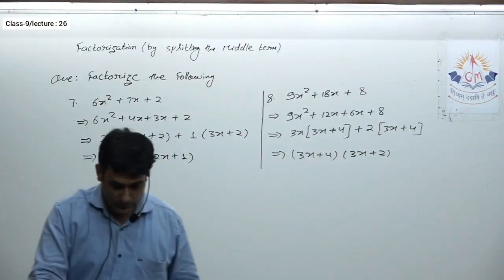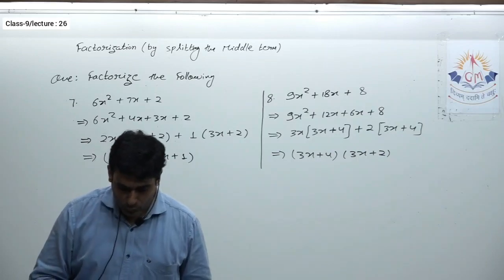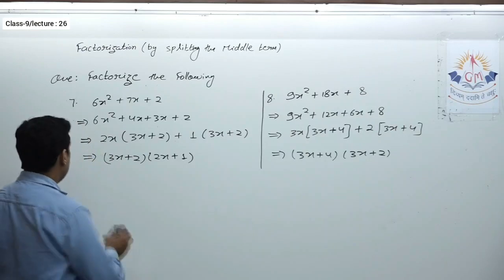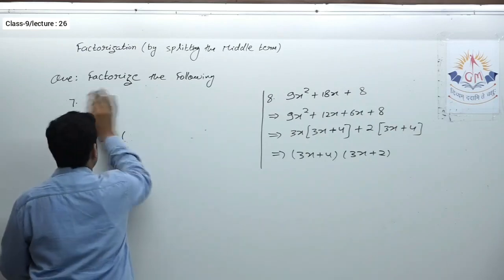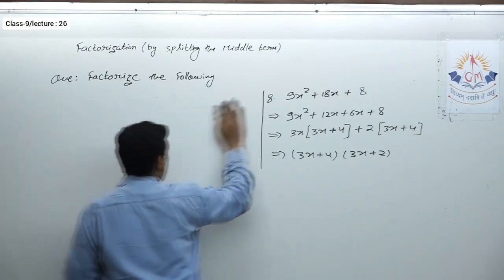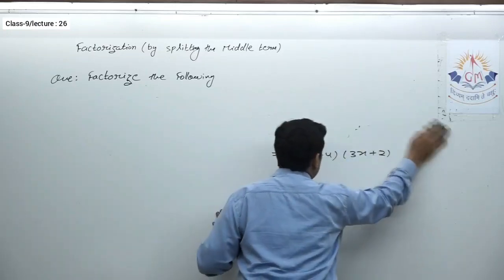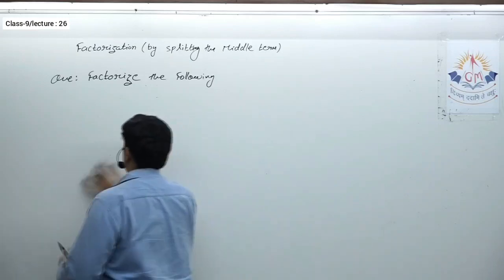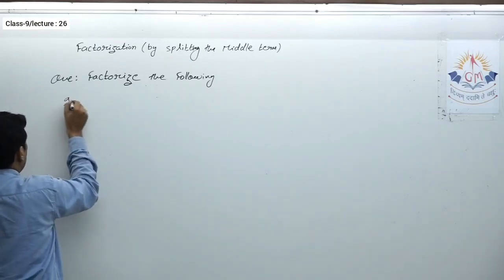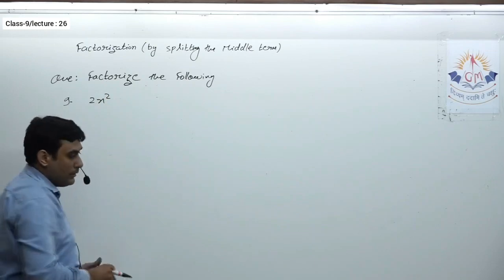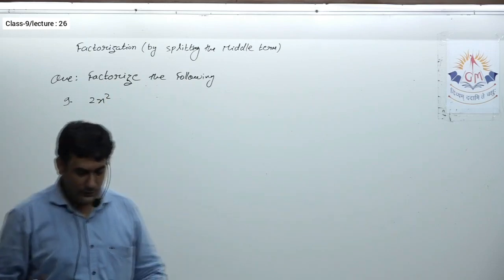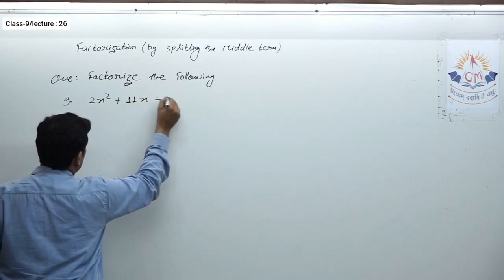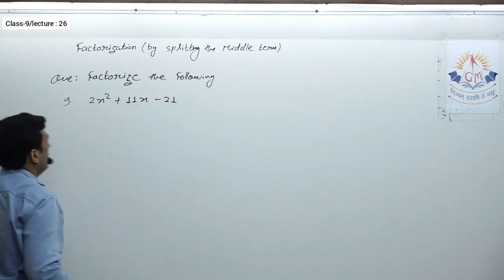Okay, now let us see the next question. 2x square plus 11x minus 21.